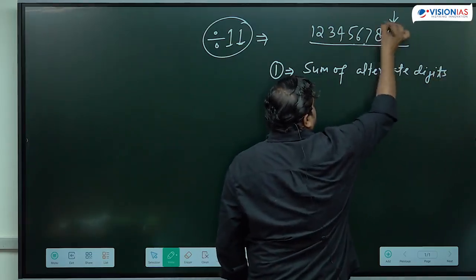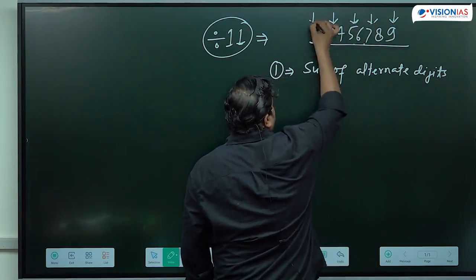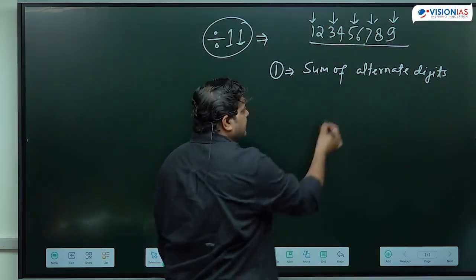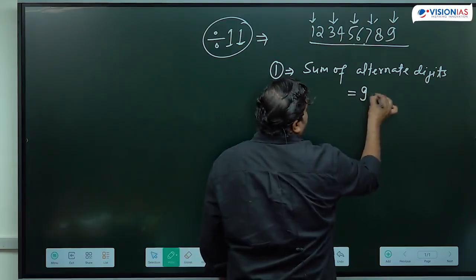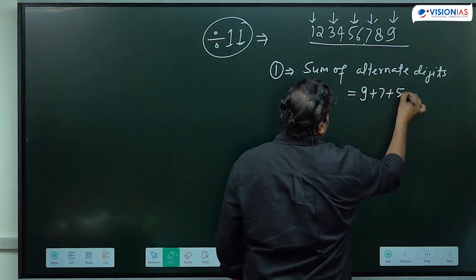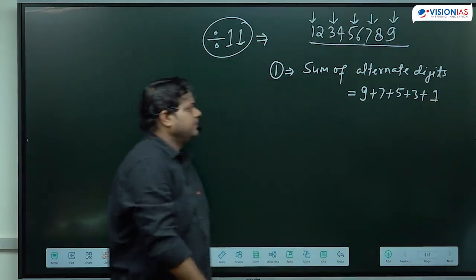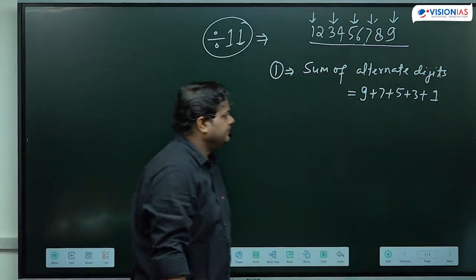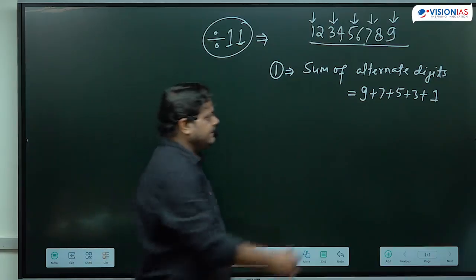Like if we take 9, 7, 5, 3, 1. What sum we are getting here? 9 plus 7, plus 5, plus 3, plus 1. 25.